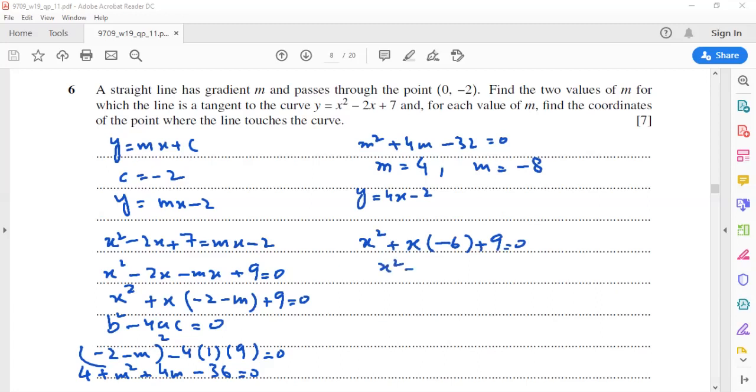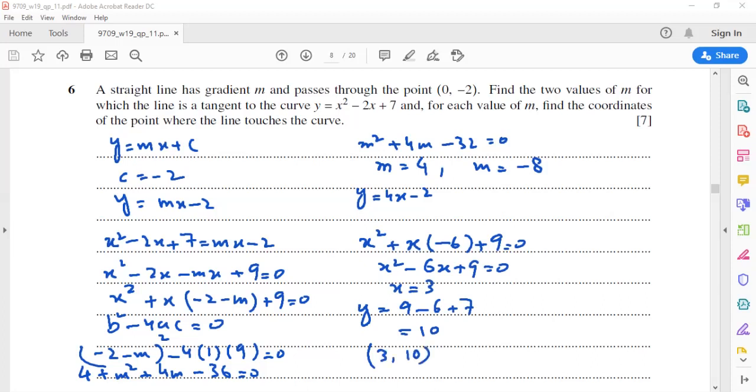The equation becomes x squared - 6x + 9, from where we get x = 3. This value of x can be placed in the curve equation to get y. If you put 3 there, it's going to be 9 - 6 + 7. So we get 10. So one of the points is (3, 10).